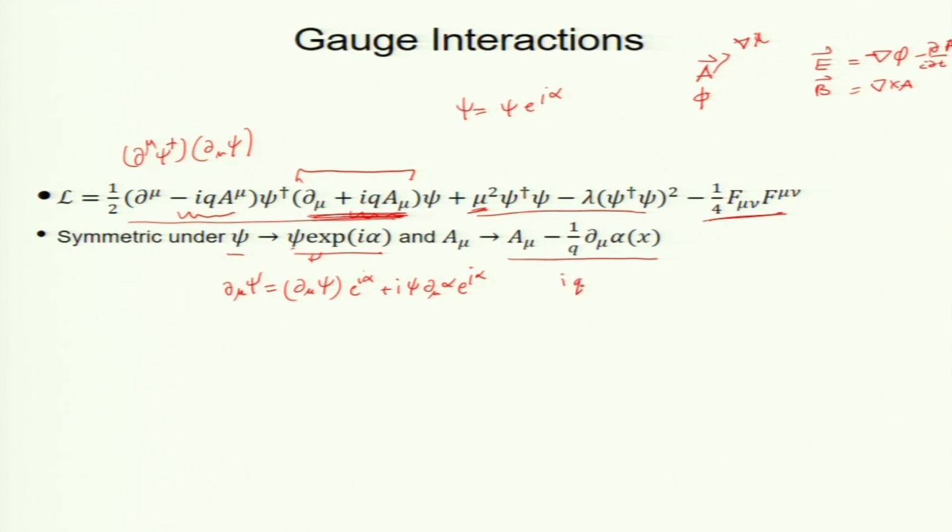What about i q A mu? Remember A mu has to be also transformed, you can't keep the same old A mu. So, what do I do? Old A mu minus 1 by q del mu alpha. And e to the power i alpha will cancel with the e to the power minus i alpha on the left.